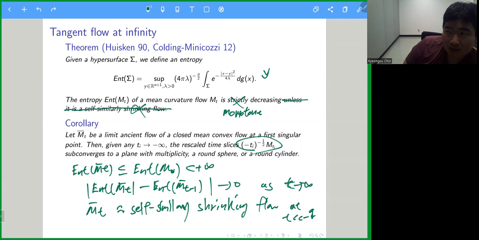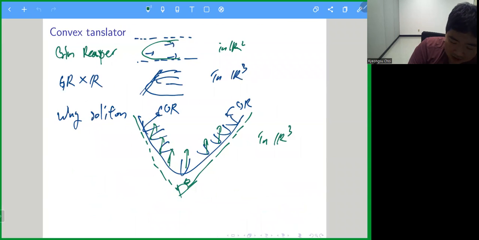Because if it has positive mean curvature, then the flow foliates the space. But if the tangent flow looks like a sphere or cylinder with multiplicity, then it cannot foliate the space. You can imagine the geometry. But a plane can have multiplicity, like in these cases.